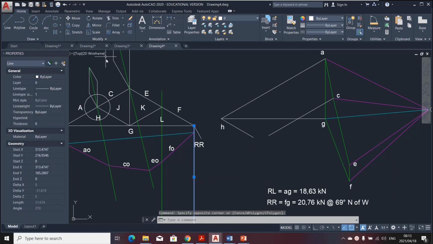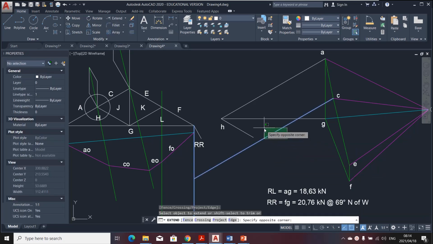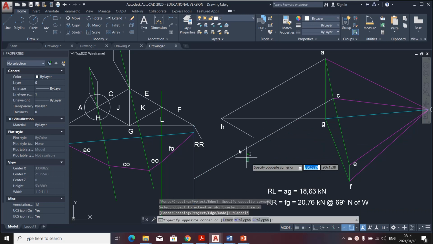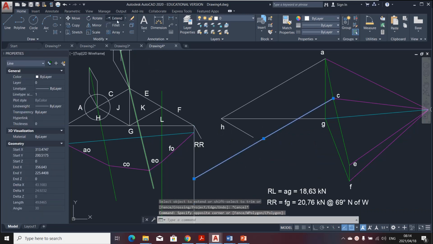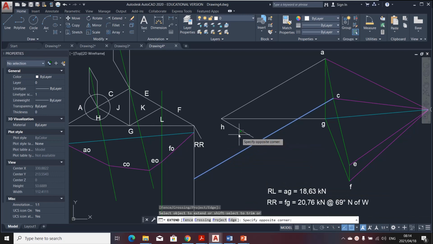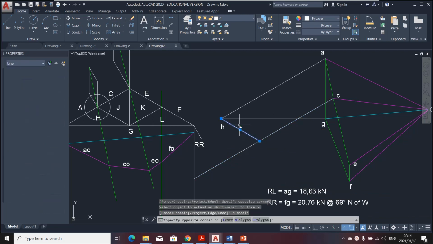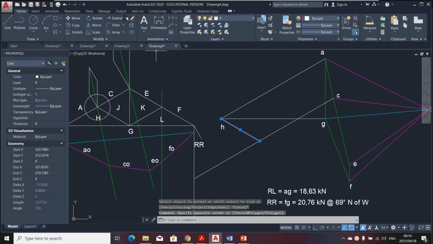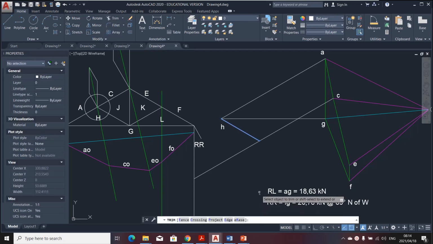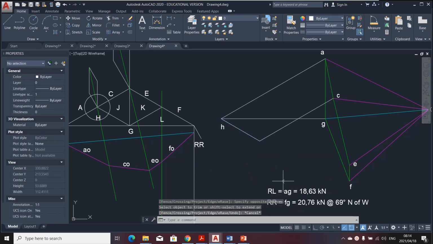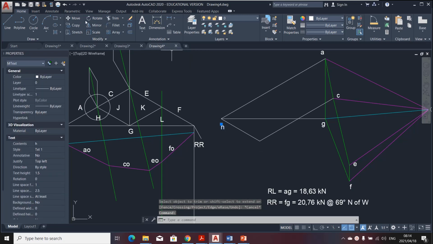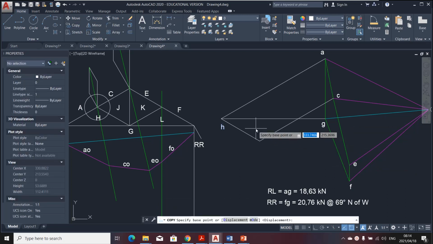Let's do this like this. Okay. Right, where they meet, I have what? I have J. So I'm gonna put my J here.